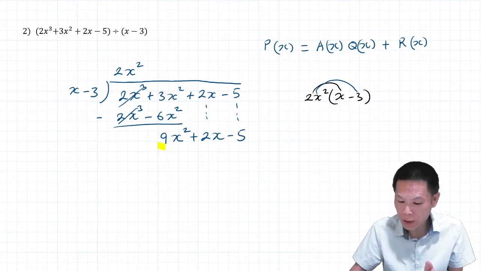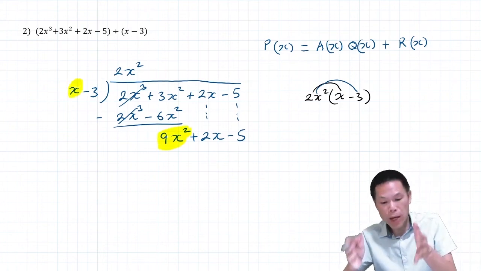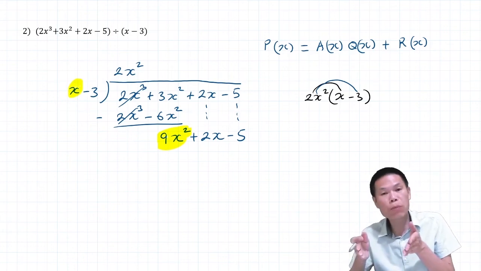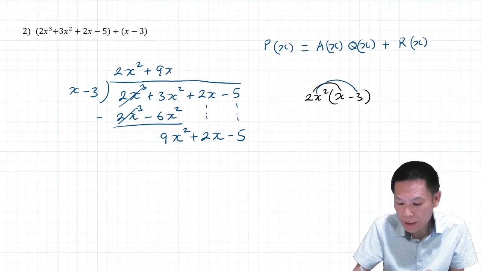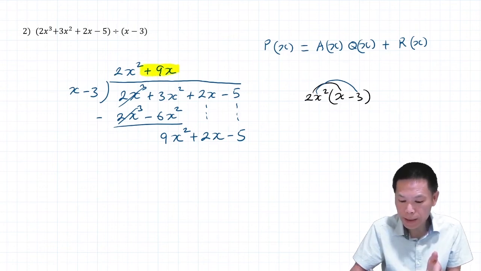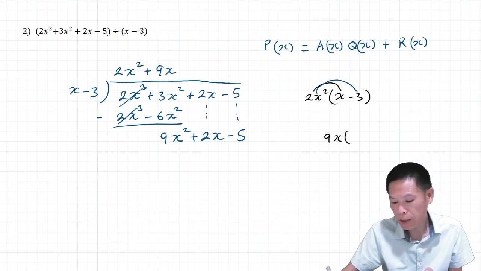Now we focus on 9x squared and x. And we use 9x squared divided by x, which gives me 9x. So I just plus 9x here. Now 9x times x minus 3.